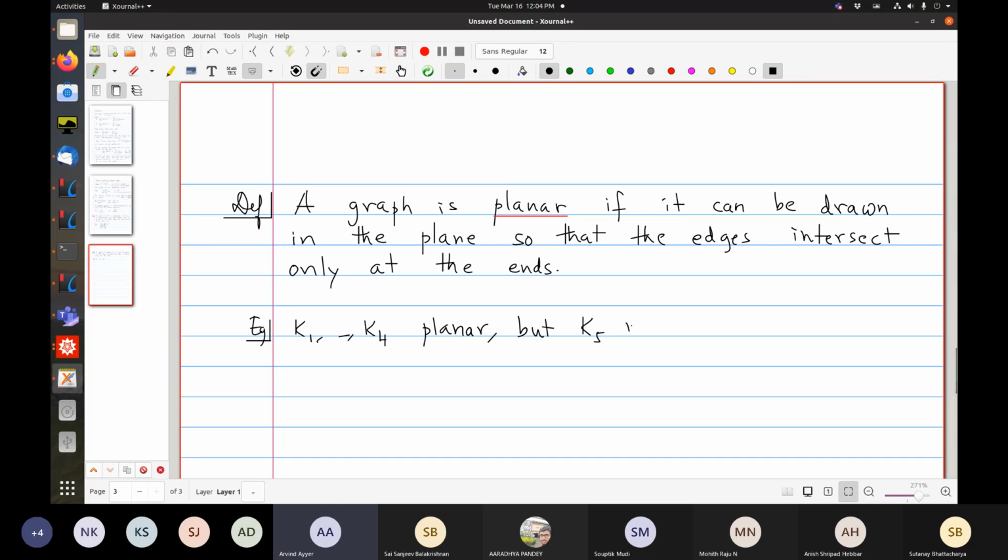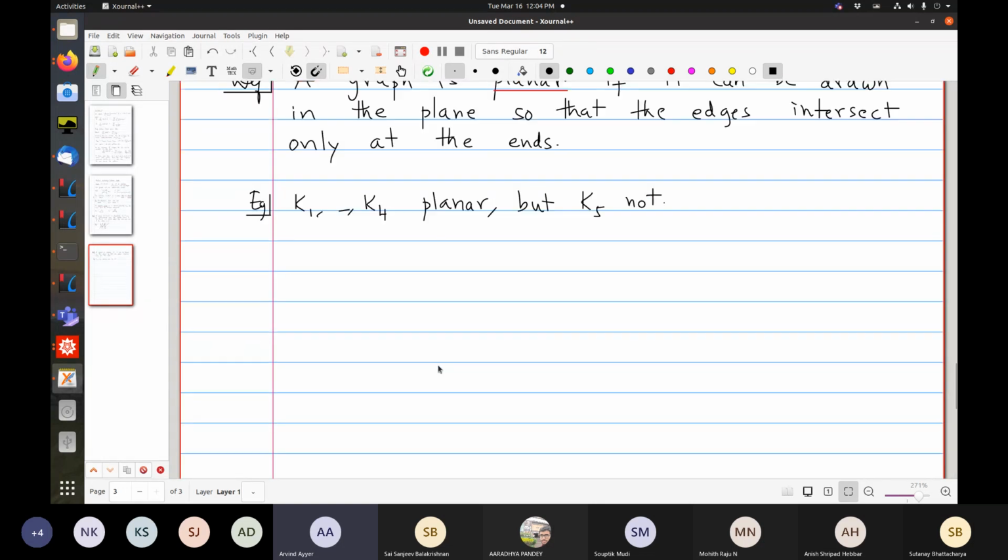Okay, so this is not completely trivial, because I'm saying that it can be drawn. Just because you don't have the imagination does not mean that the graph is non-planar. So for example, K4 can be drawn this way.